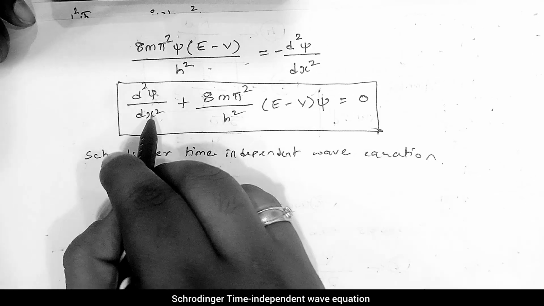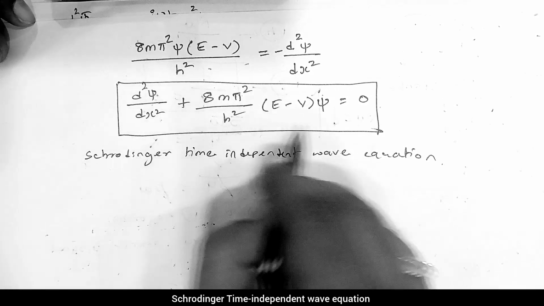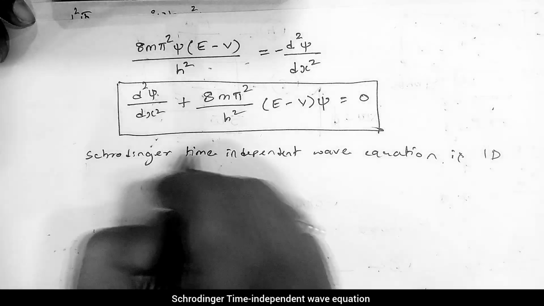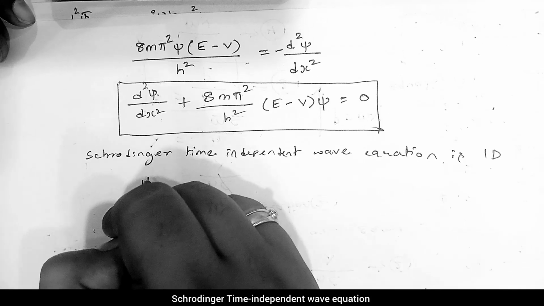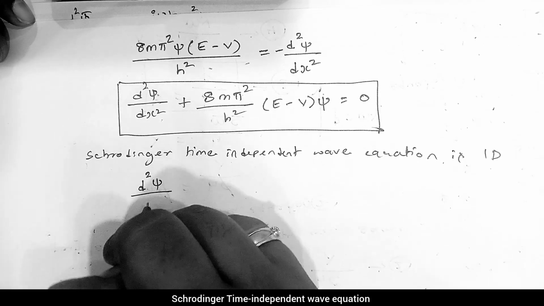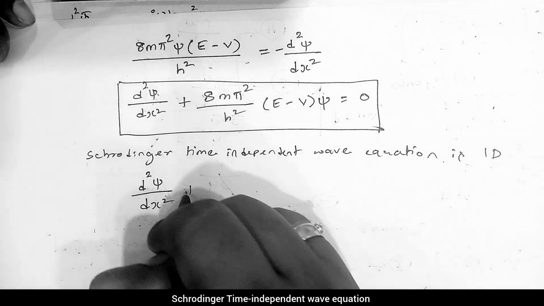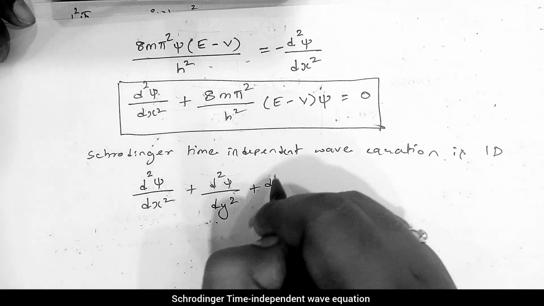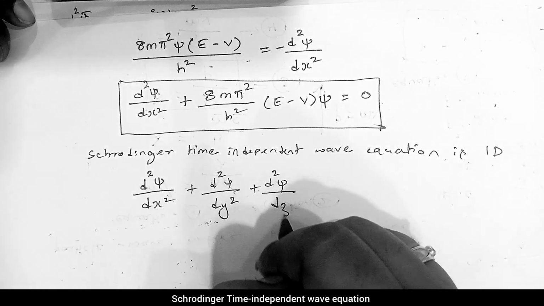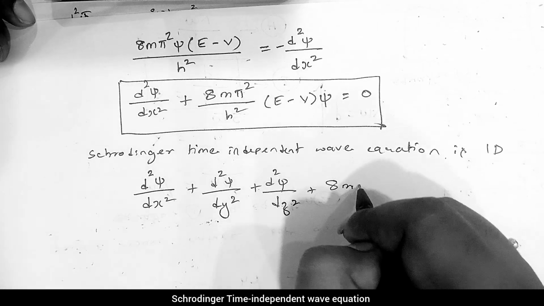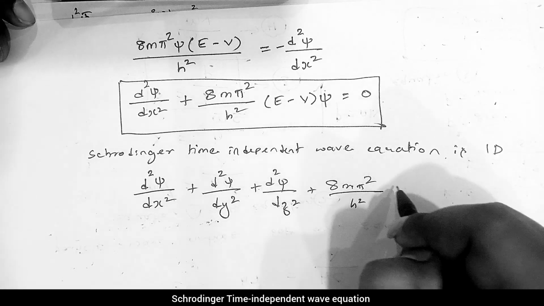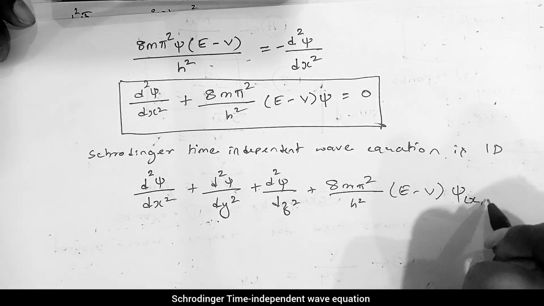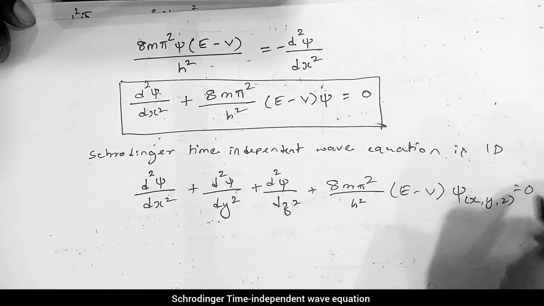You can observe there is no time term appearing in this equation and it is for one dimension. If you want to write this equation for 3 dimensions, it will become d square psi divided by dx square plus d square psi divided by dy square plus d square psi divided by dz square plus 8m pi square divided by h square into E minus V into psi(x, y, z) is equal to 0.